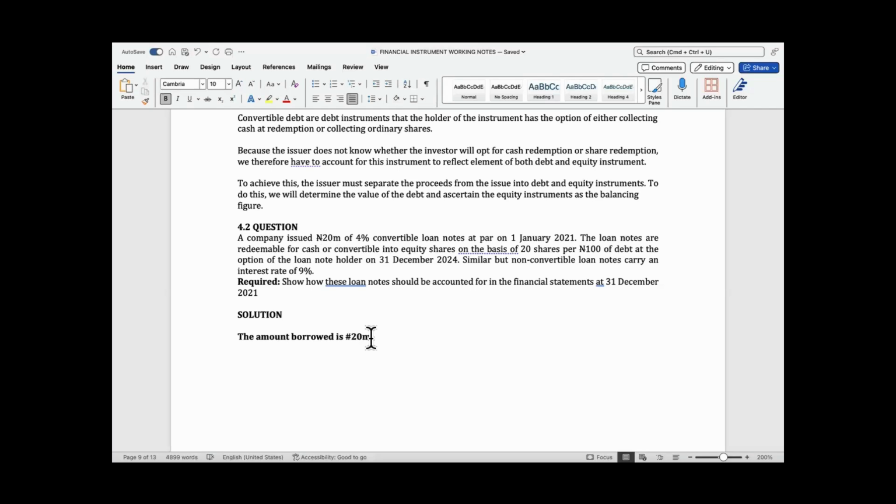We need to separate it into debt and equity because we don't know whether we should treat it as debt or equity. Then the solution is to separate it, treat it as both debt and equity. So the first step is to determine the financial liability element.